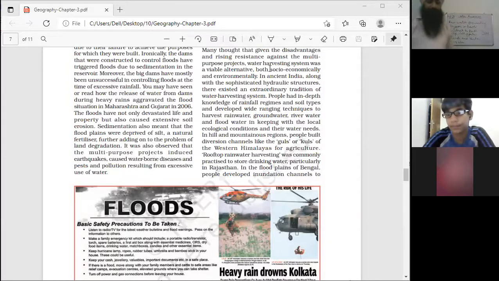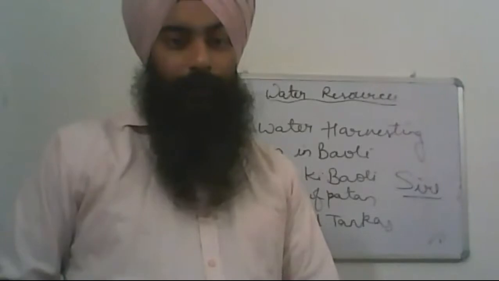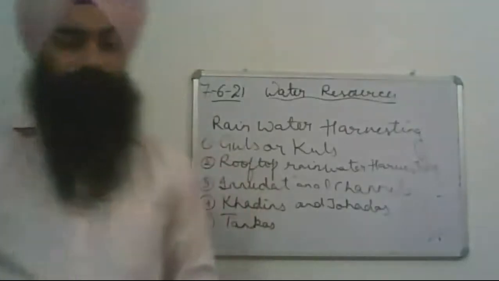Next are the various methods of rainwater harvesting used in modern times. First, tankas.